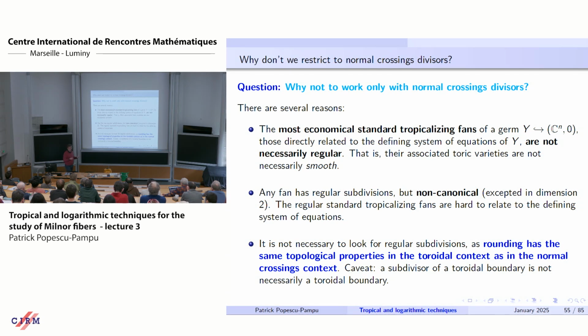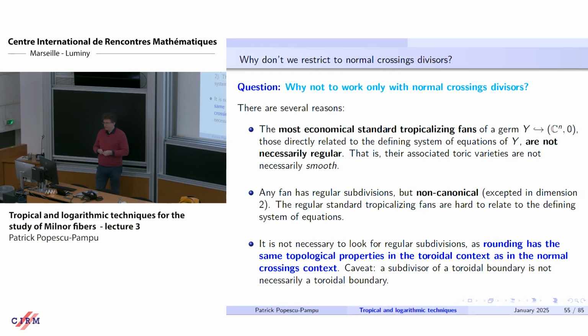Second, any fan has regular subdivisions. So if we want to go to regular subdivisions, we can. But concretely, there is work to get them, and they are non-canonical, except in dimension 2. And third, precisely this, that logarithmic geometry works very well in the toroidal context.